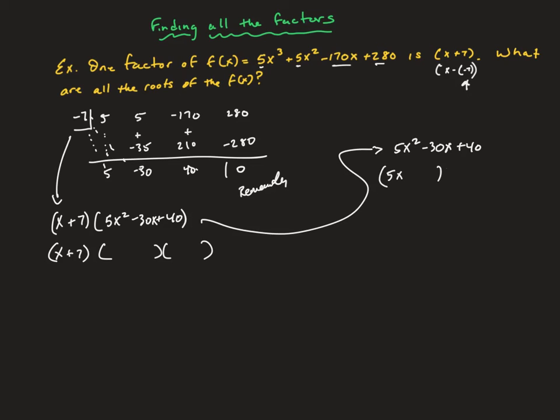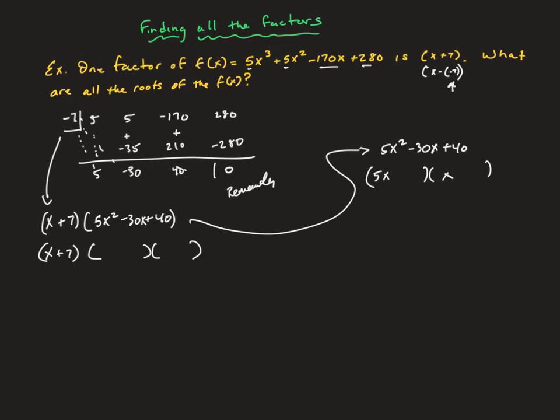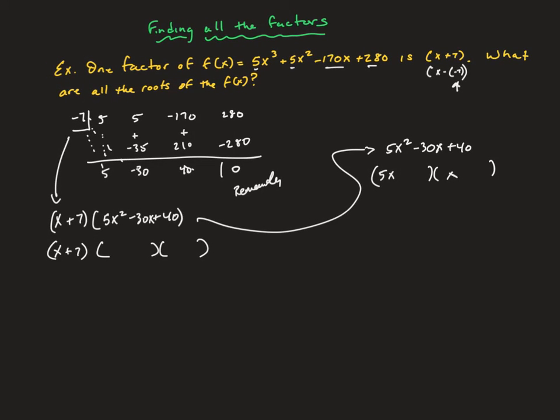So I have 5x, x, and then what factors of 40 times 5 are going to give me something that adds up to negative 30? I know my factors are both going to be negative, because my middle term is going to be negative and the last term is positive, so I'm looking for negative factors of 40 that will combine to give me that when I do the math out here.